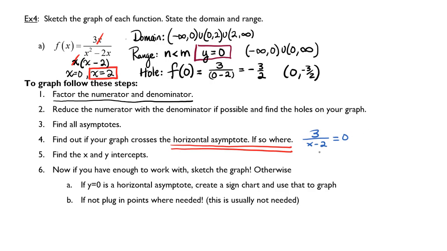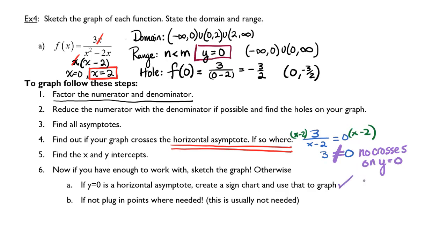If we multiply both sides by x minus 2, that means that 3 equals 0, and that is not a true statement. Since this is not a true statement, there is no point at which the graph crosses the horizontal asymptote. No crosses on y equals 0.